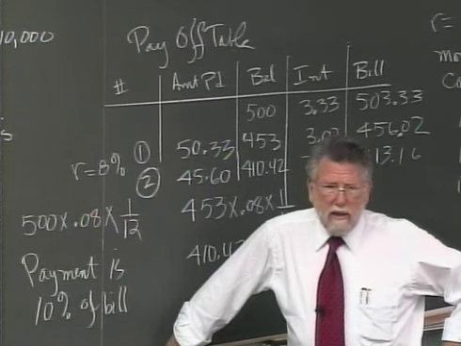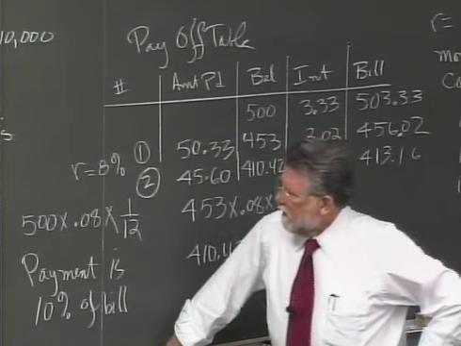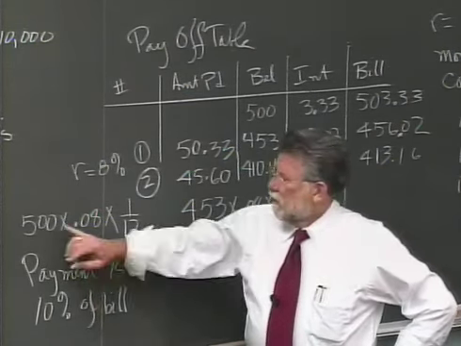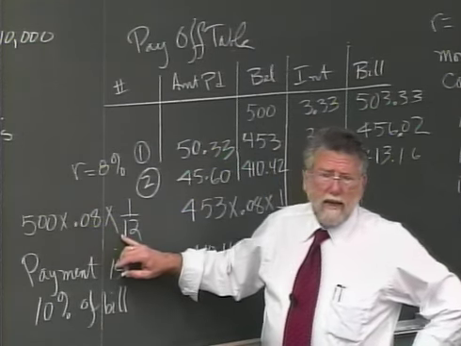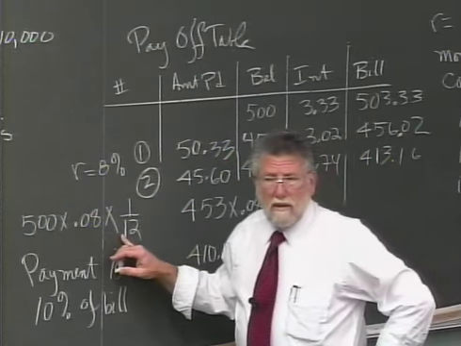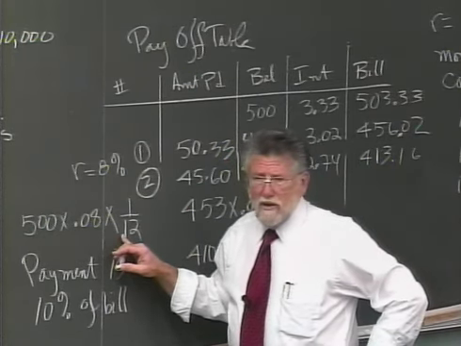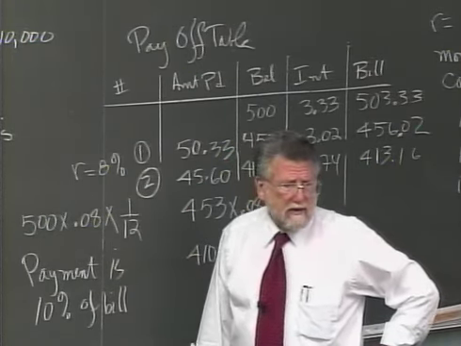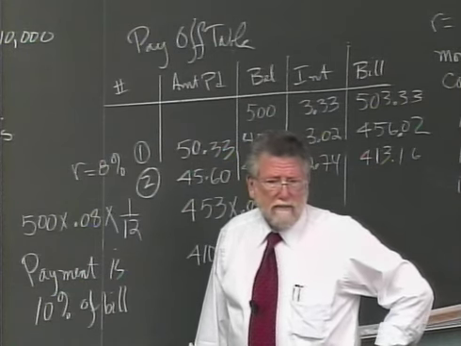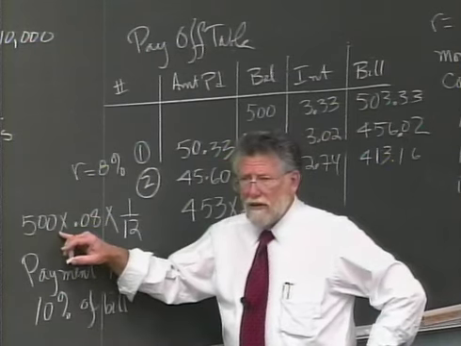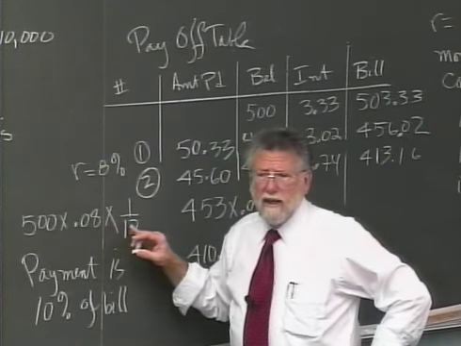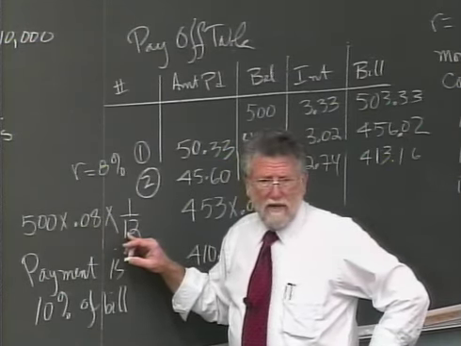So let's look at our formula again. The formula is still principal times rate by time, and this is monthly. Otherwise, you pay off a credit card on a monthly basis. So how do we get our interest for this first month when it's 8% and you have it for 1/12 of the year?